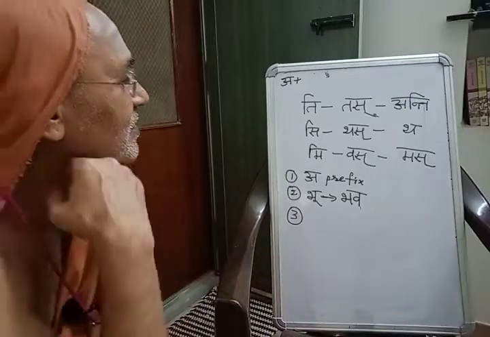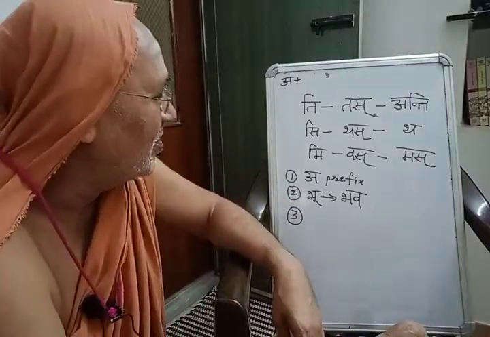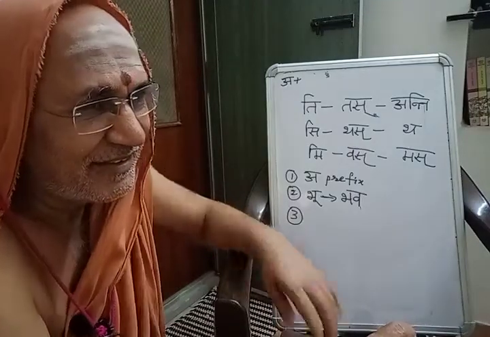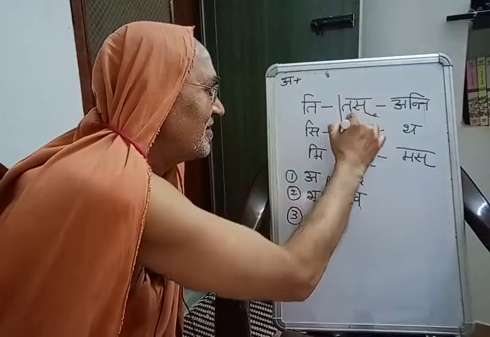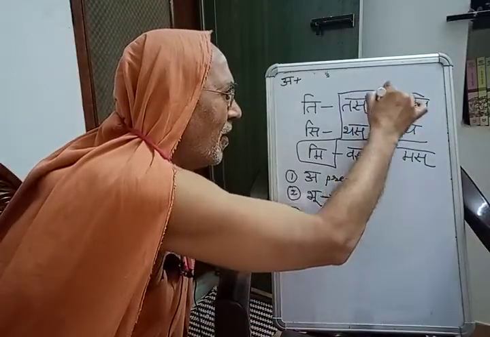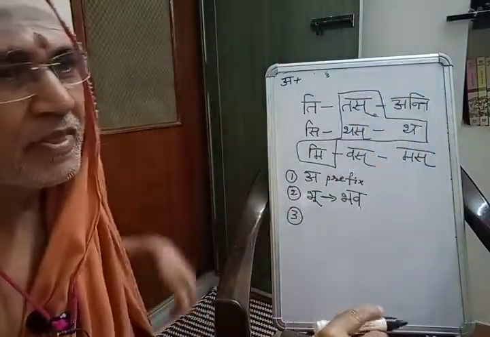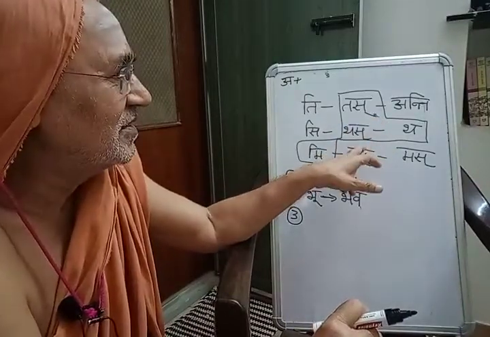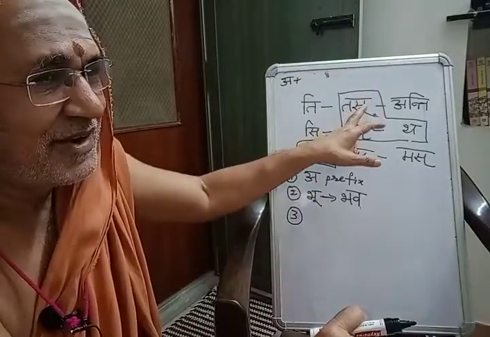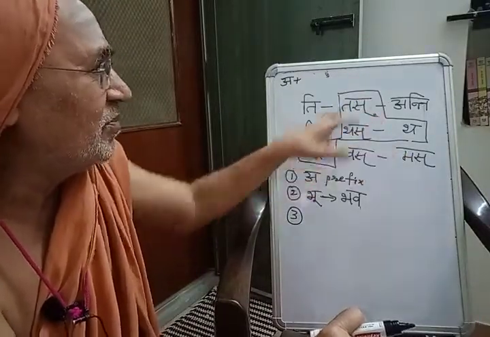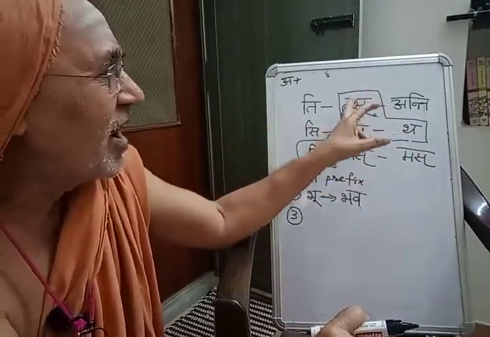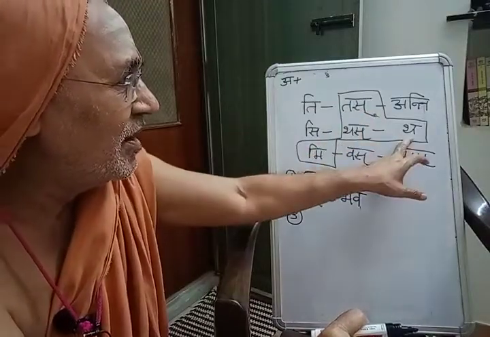In the suffixes, you have to learn what changes take place in the past tense. One is Panini's rule: tas, thas, mi, vas, mas. See how I read it: tas, thamipam, tam, tam, tamaha. So in place of these four, tam, tam, ta, ma.